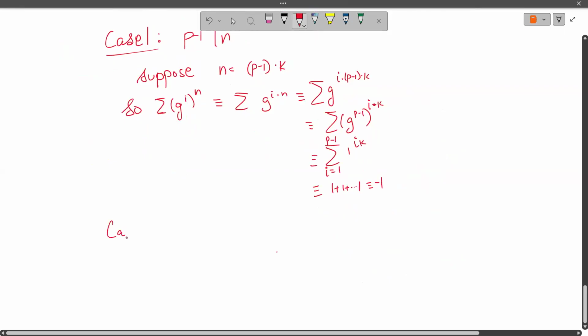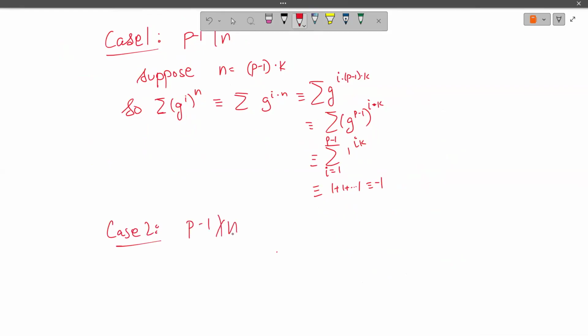Case 2: p minus 1 does not divide n. So observe that g raised to the power 1 plus g raised to the power n plus g raised to the power 2n, up to g raised to the power p minus 1 times n, is the same as 1 plus g raised to the power n, up to g raised to the power p minus 2 times n.